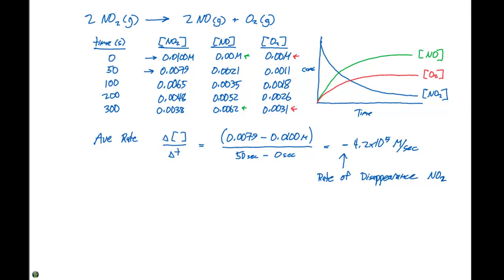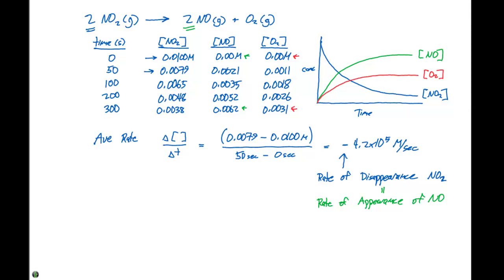If we were going to compare these, we have a coefficient of 2 in front of the NO2, and we also have a coefficient of 2 in front of the NO. Since we have a 1-to-1 mole ratio, the rate of disappearance of NO2 is going to equal the rate of appearance of NO. Both of these are going to be the same with the exception of a different sign.